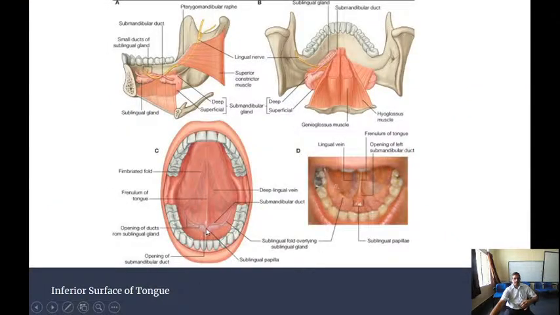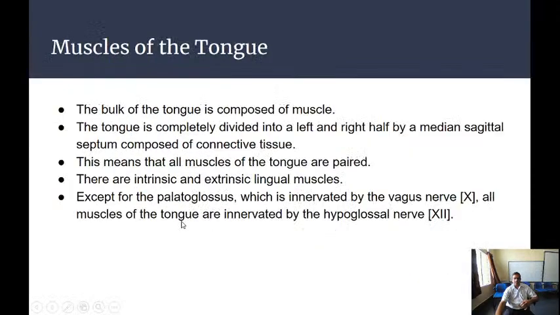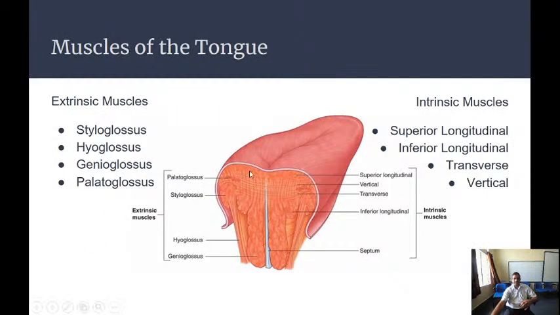This is the frenulum, and the one which separates this is the median septum, which separates the tongue into two halves.